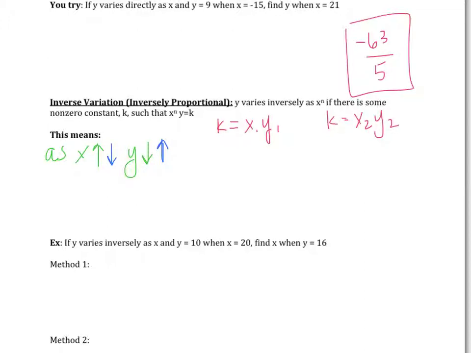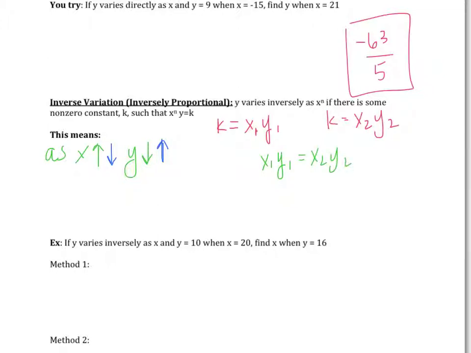So in the same sense, x can have an exponent, or we can say it's 1 for now. Because these are both equal to the same constant k, I can say x1 times y1 equals x2 times y2.